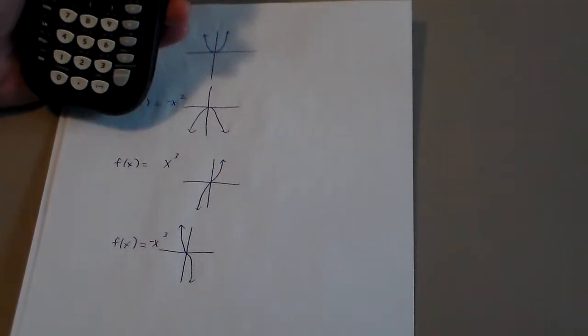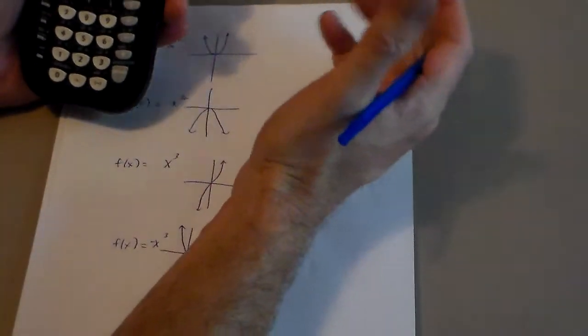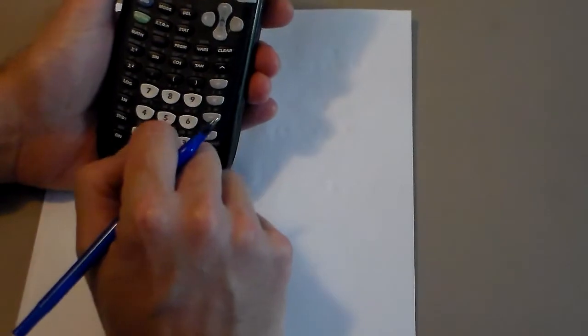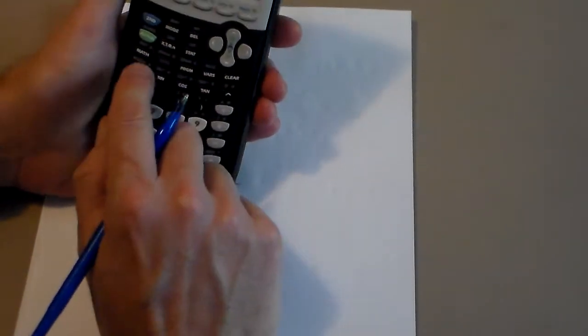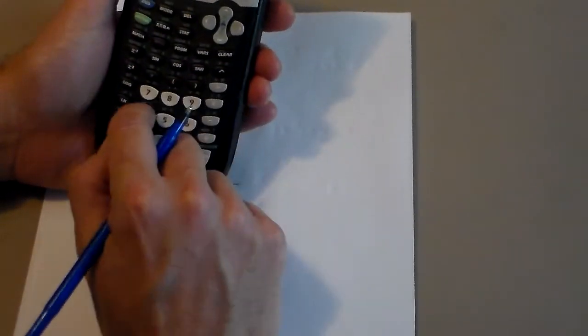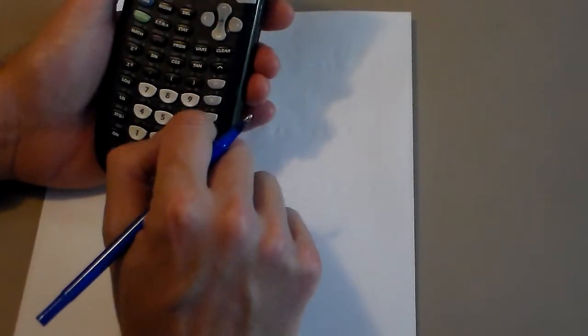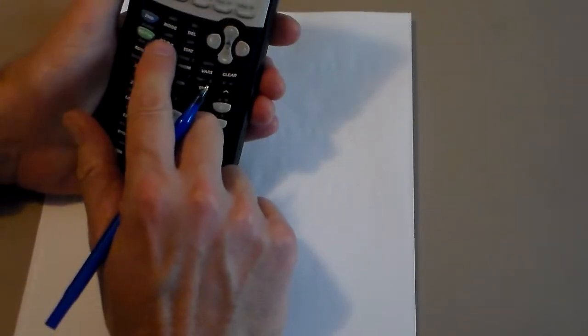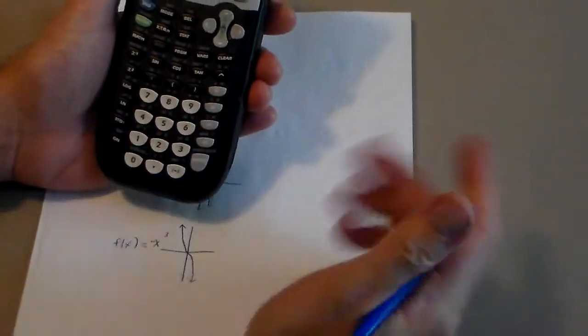Well, let's look at some other ones. Let's say I had y equals, and I'm gonna say, I don't know, let's make it 2x to the 4th, and then I have minus 6x plus 1, something like that.